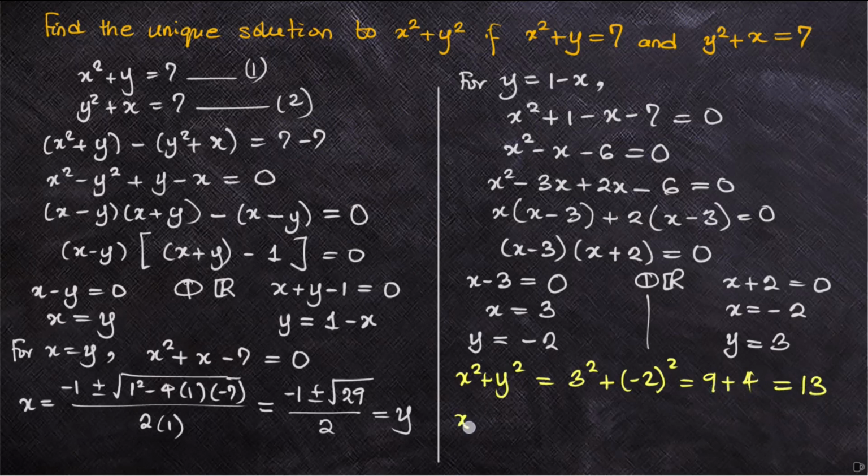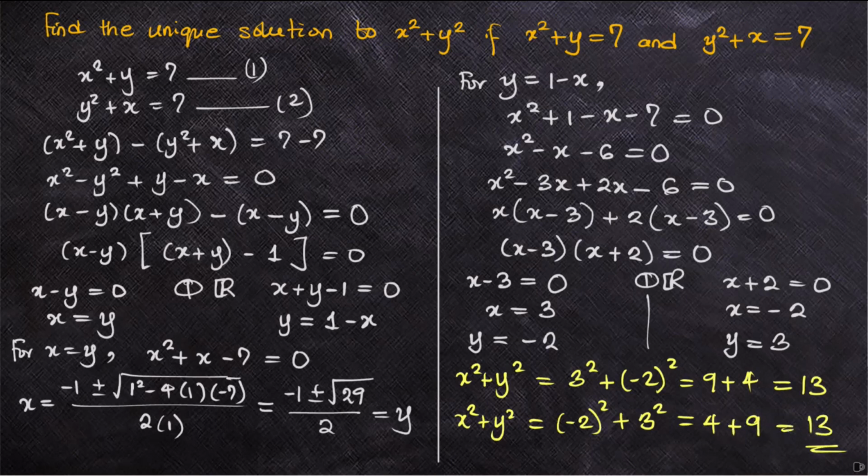And even in the second case, we are going to have x now as minus 2 squared plus y, which is 3 squared. And that's going to be 4 plus 9, which is also 13. So, just being open-minded and exploring all the options has helped us to come to terms that the unique solution to x squared plus y squared is nothing but 13, as given in this question.